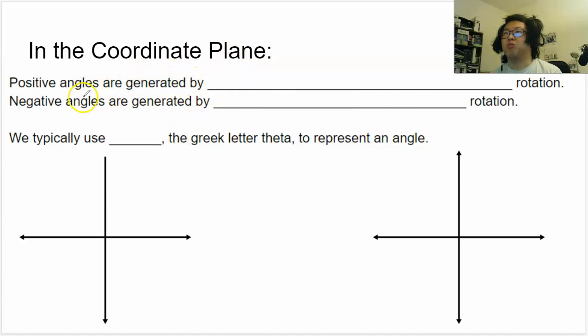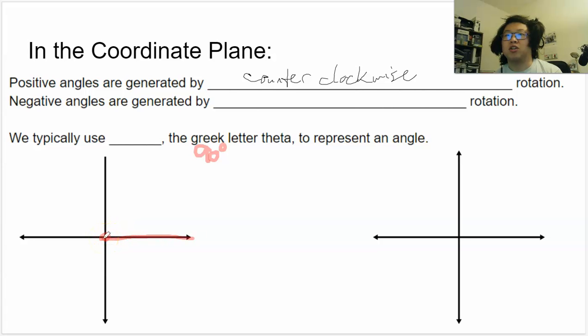But essentially, when you're talking about a positive angle, for example, let's say 90 degrees, you would generate that 90-degree angle in the plane by counterclockwise rotation. So, for example, I said 90 degrees, right? Let's go with 90 degrees over here. Here's my center.